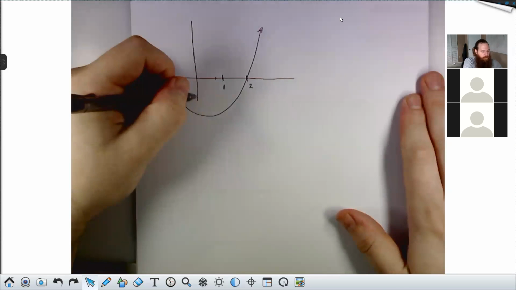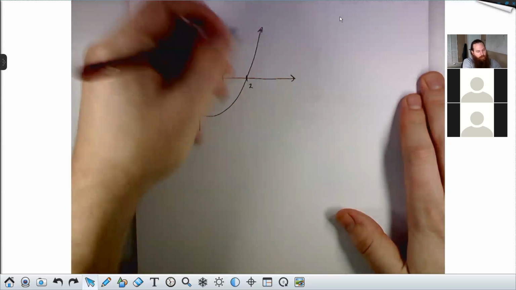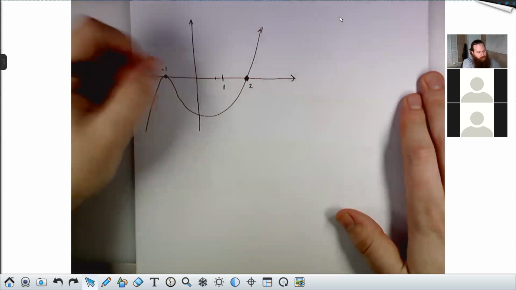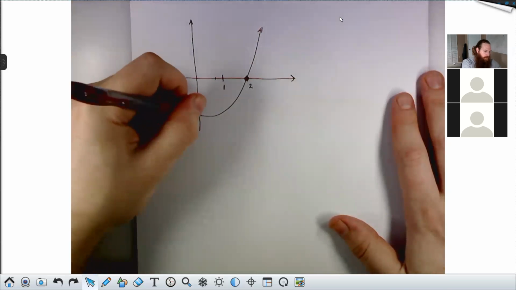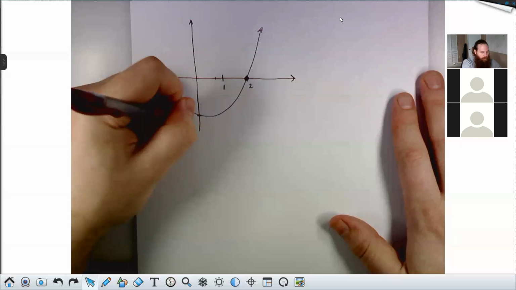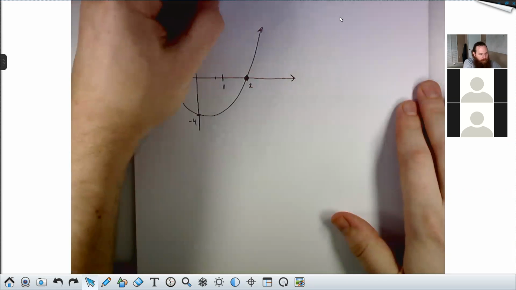So the y-intercept doesn't give you any factors. Remember, factors come from x-intercepts. So if I told you that this down here was a y-intercept of negative 4, that doesn't mean I would have a root or a factor associated with negative 4. So we want to find the equation.